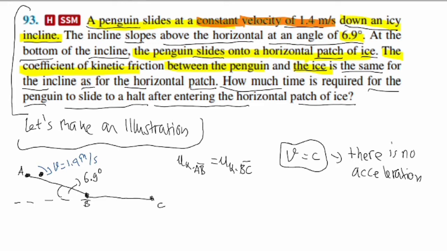So for this case, it means V at point A is the same as V at point B, like that.